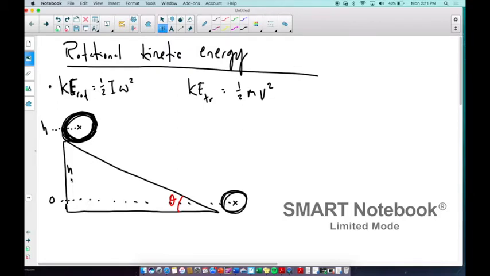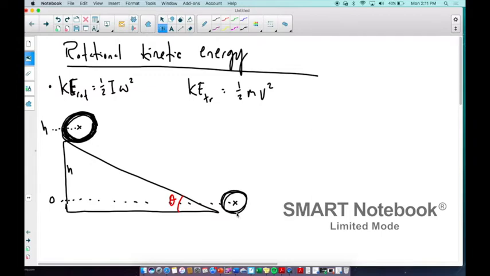Gravitational potential energy, we can say that we're really concerned about where the center of mass is located of this object. This object, from the ground level down here, the center of mass is really not at a height h. Its bottom part is at a height h, but its center of mass would be elevated h plus r, whatever the radius is. So just to make things simple, I know that when this thing rolls all the way down and it no longer has any gravitational potential energy, I know that its center of mass will be above the ground by a radius r.